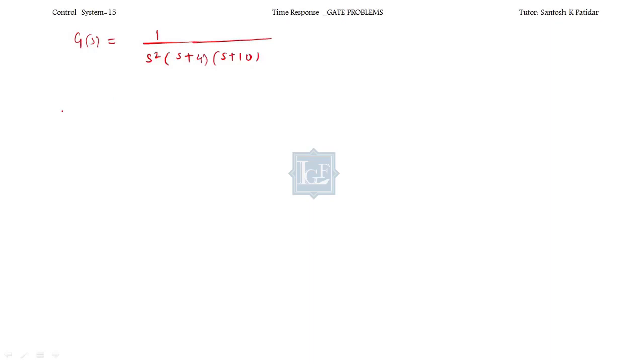But as I told you, there is a chance that 99% of the answers will be wrong. Why did I say this earlier? Because this system is an unstable system, and we discussed earlier that the steady state error is only defined for a stable system, and it should be closed loop also.